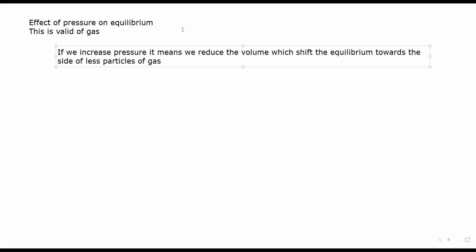So how does it affect it? I will use an equation here. For example, you have 2A plus B gives C. A is a gas, B is also a gas, and C is a gas. It was in equilibrium, balanced.